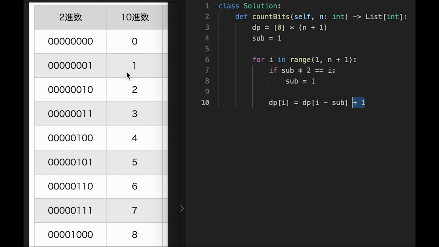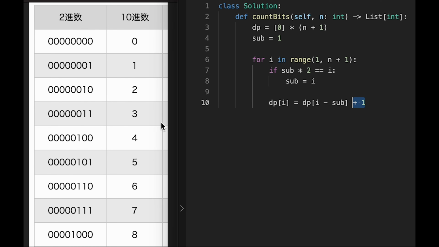That's because from 0 to 3, we use 2 digits, right? So that's why this DP list has the number of 1s in the 2 digits. From 4, we use a third digit, right?